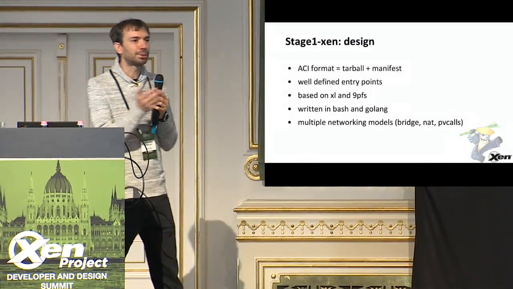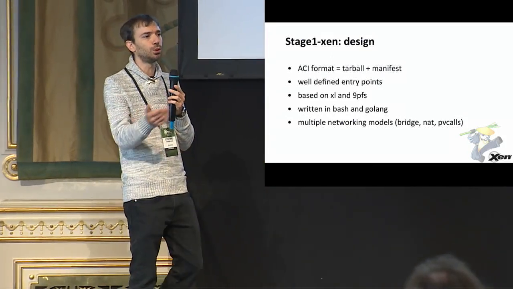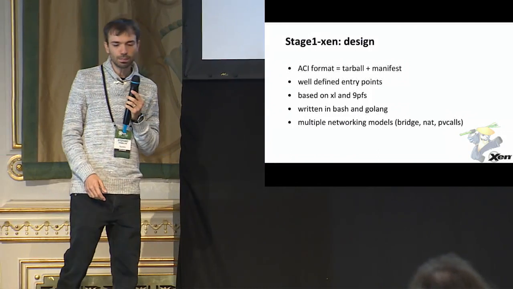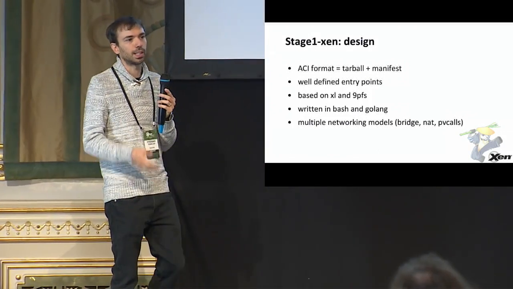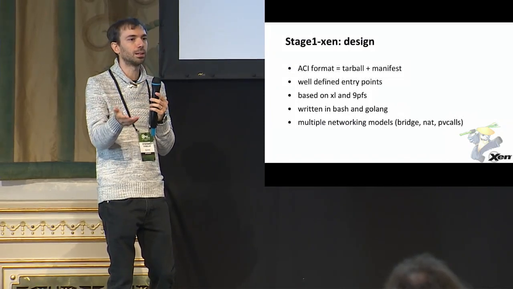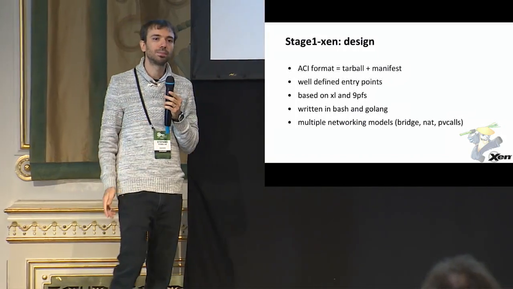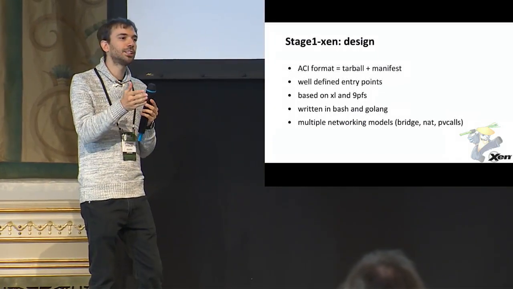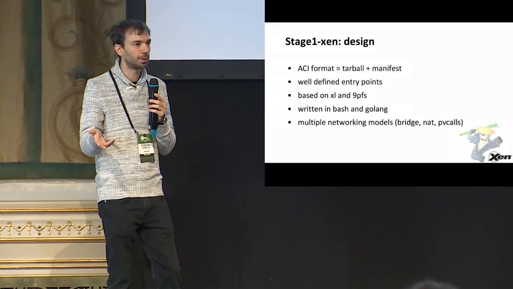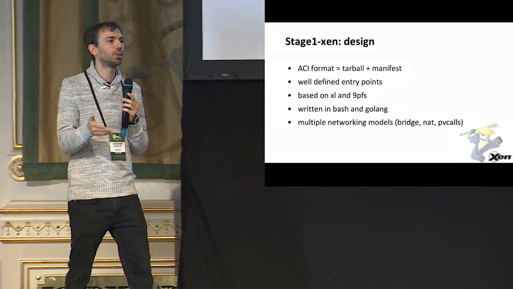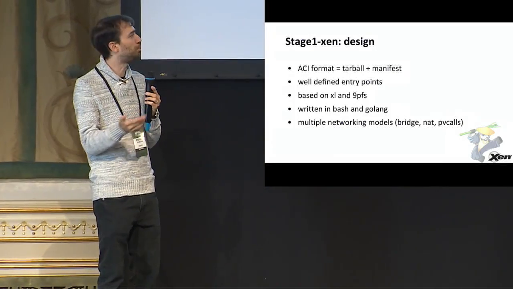Stage 1 Xen maps the Rocket networking modes into Xen networking modes. So if the user requests bridging, Stage 1 Xen uses VIF bridge, the classic netfront, netback bridging mode. If the user requests NATing, then Stage 1 Xen uses VIF netfront, netback with a VIF NAT script. If the user requests host mode, then Stage 1 Xen uses PV calls.